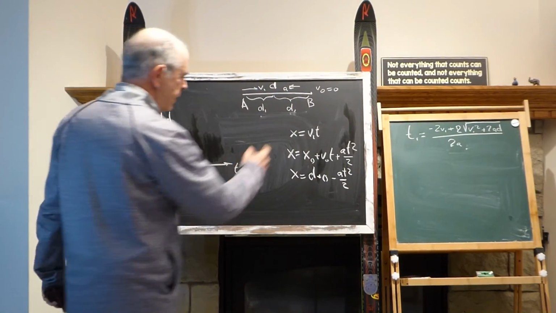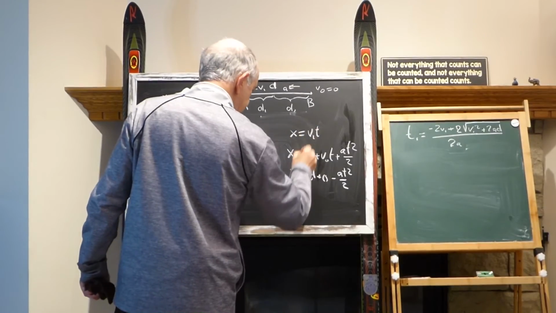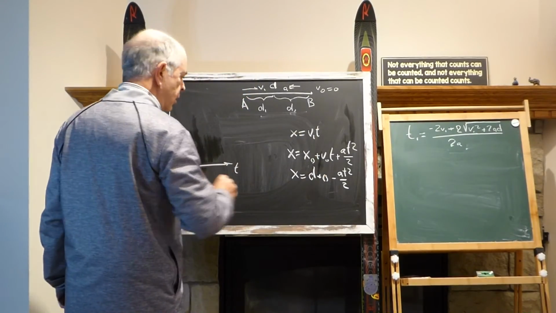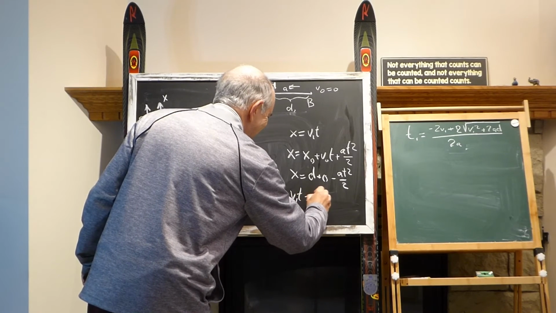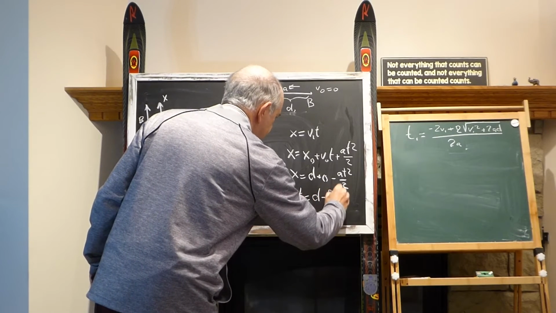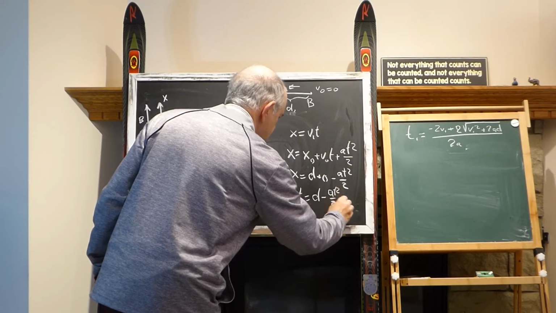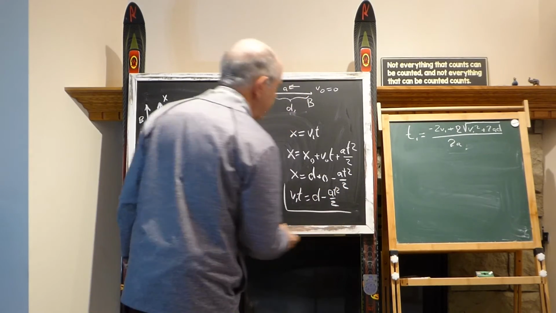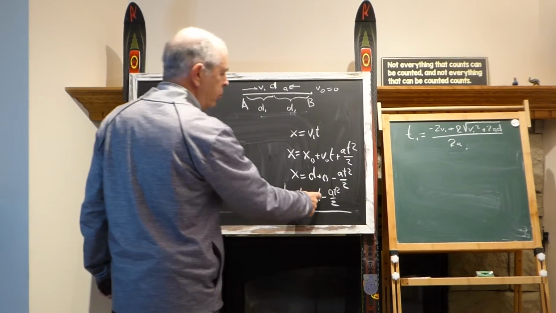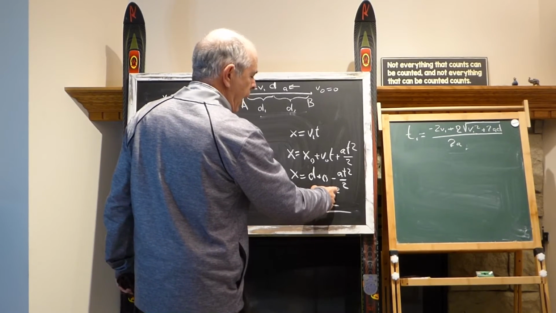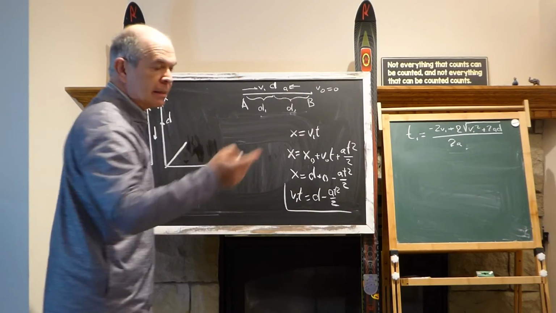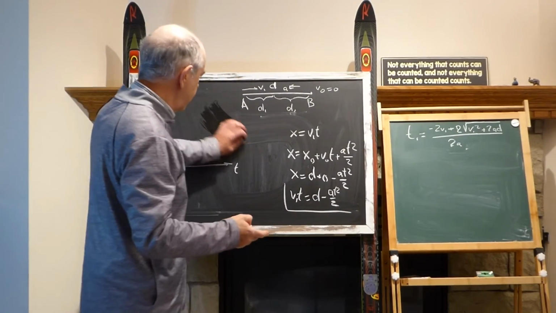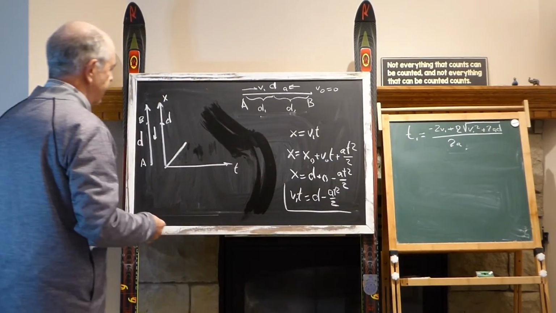And so we receive that this should be equal to this. So we write v1t equals d minus at squared over 2. That's it. This is our equation. We have v1 known, d known, and a known. We don't know t. And this is exactly the same equation that I just wiped out, but it is like that.